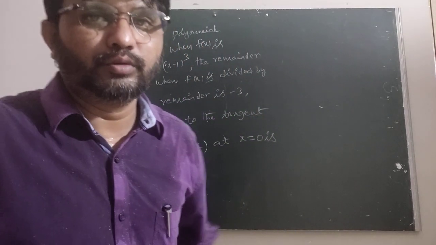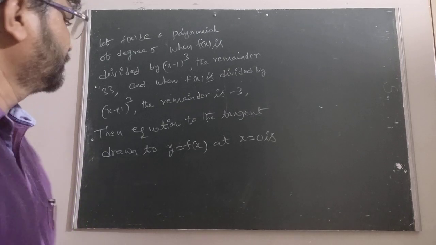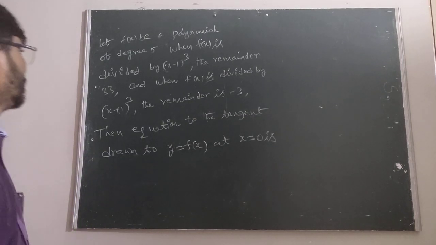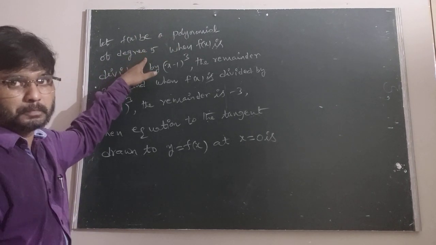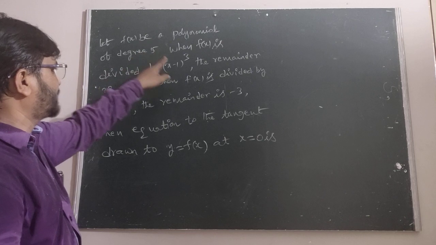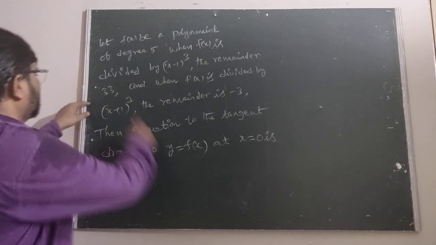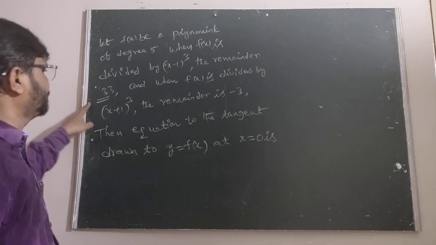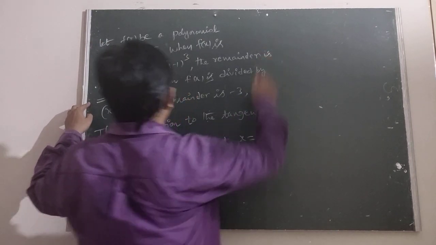So now we are going to learn another example. Here we observe: let f of x be a polynomial of degree 5. When f of x is divided by (x minus 1) whole cube, the remainder is 33.